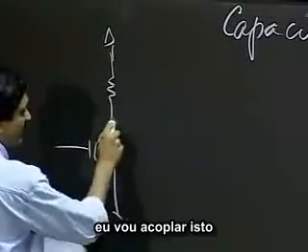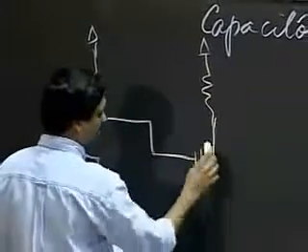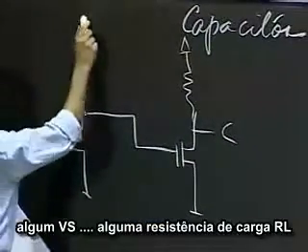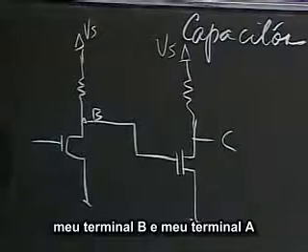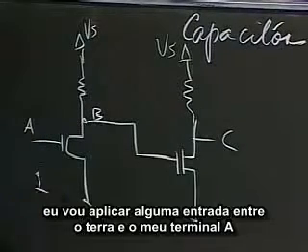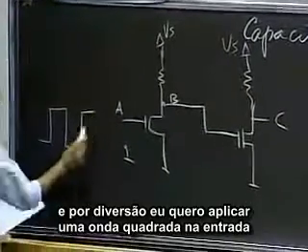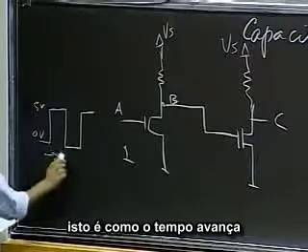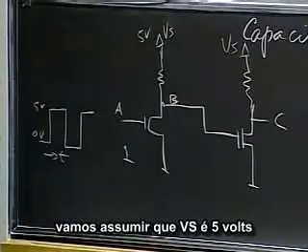And I'm going to couple this to another inverter and take an output C, some Vs, some load resistance RL, my B terminal and my A terminal. So I'm going to apply some input between ground and my A terminal. And for fun, I'm going to apply a square wave at the input, a square wave between 0 and 5 volts. And this is how my time goes. Let's assume that Vs is 5 volts.